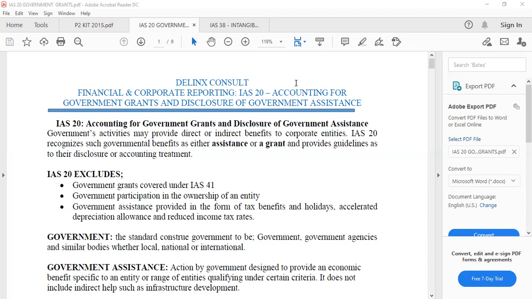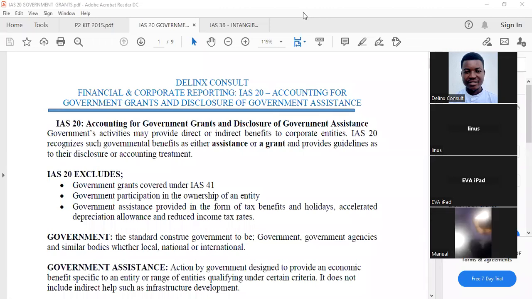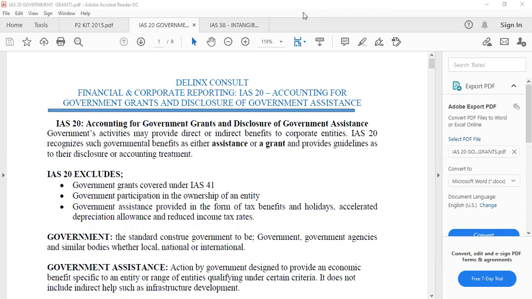If they are able to do that, then the asset or monetary help they want will be given to them. But with a donation, they are not supposed to satisfy any condition. It is just given to them. Okay, that is very nice. Any other suggestion before we move on?